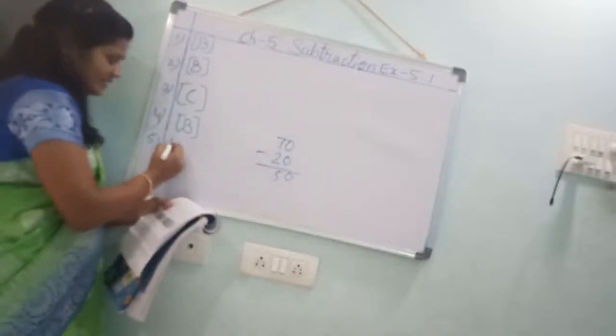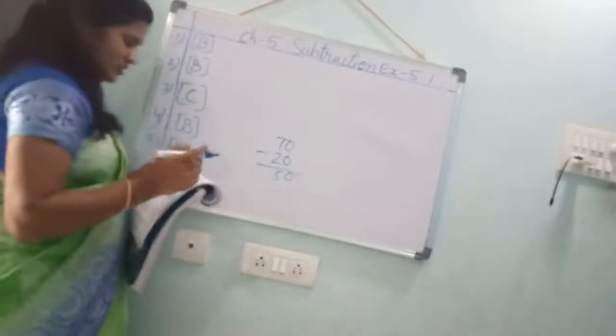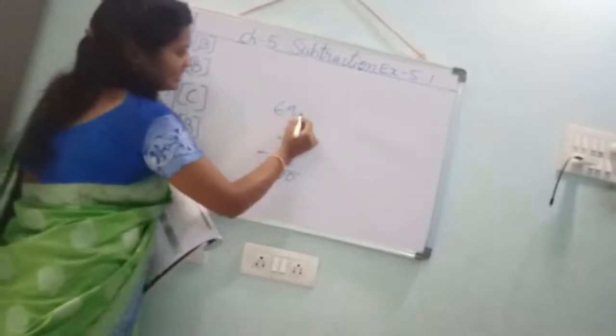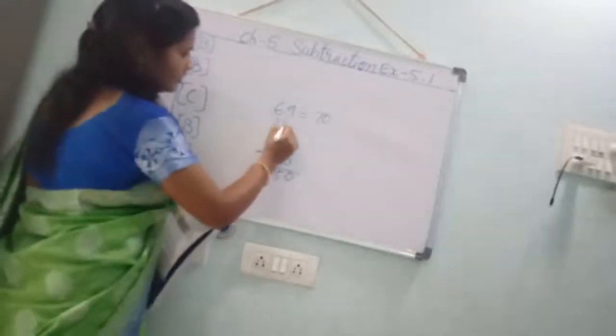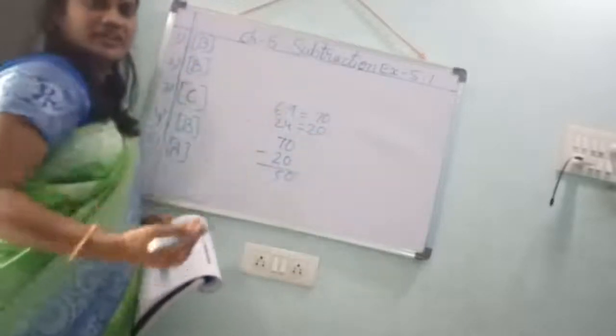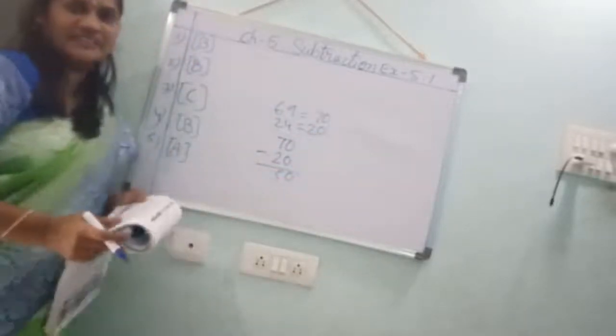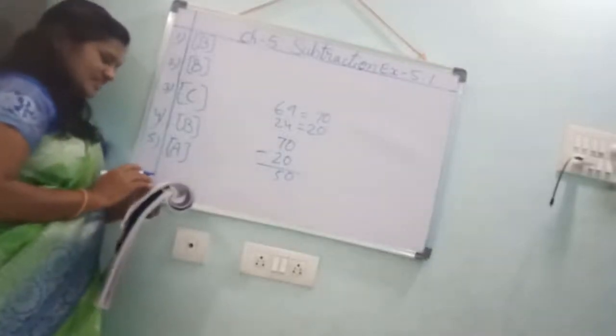A is the answer. Understood? Nearest you should find. Understood, children? 69 nearest means what? 70. Again, what is that number? 24 nearest means what? 20. 70 minus 20, if you did, means you will get the answer. Understood?